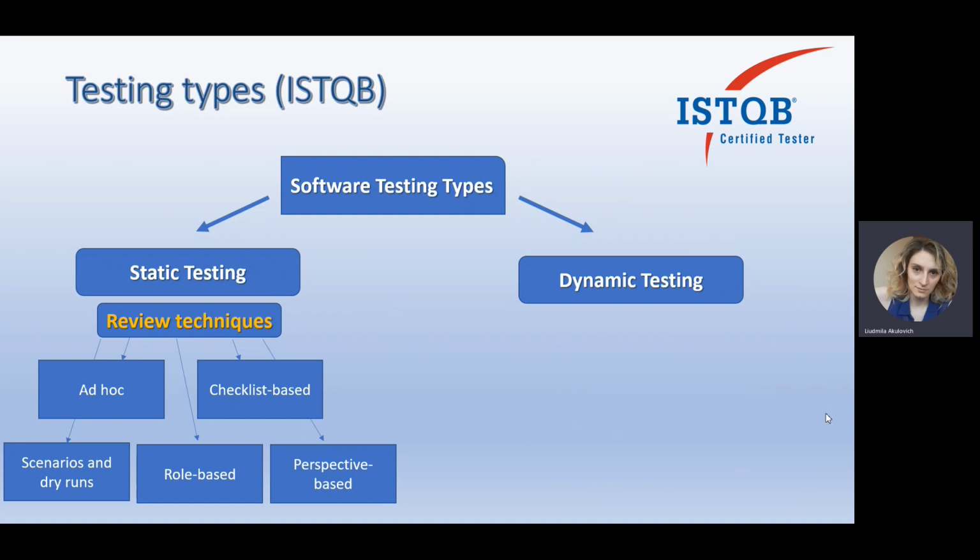A checklist-based review is a much more systematic technique where reviewers detect issues based on a checklist. Again, a checklist should be created for this review. In a scenario-based review, reviewers are provided with structured guidelines on how to read through the work product.